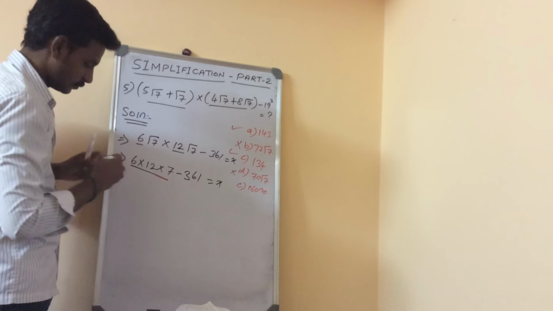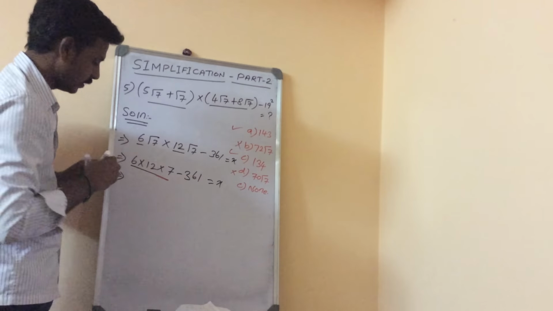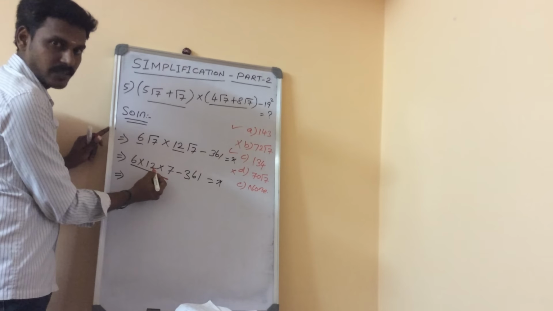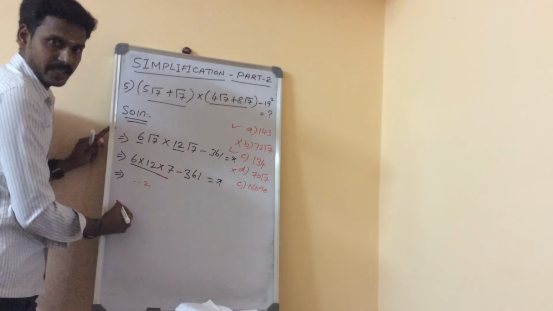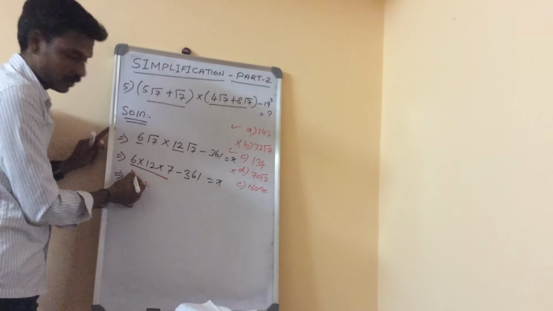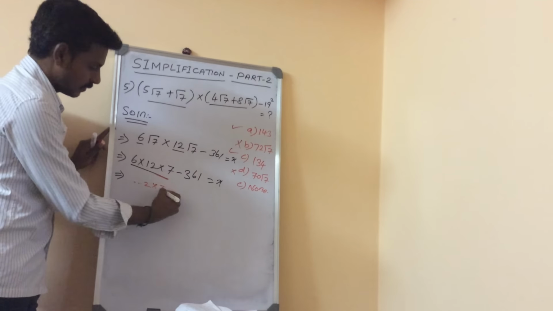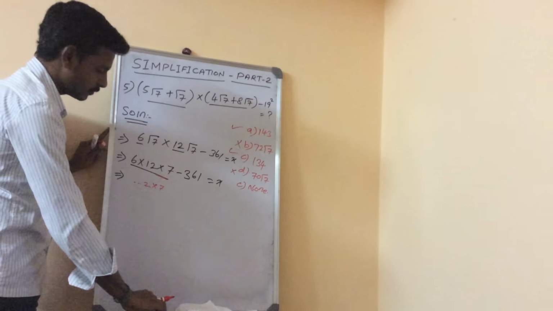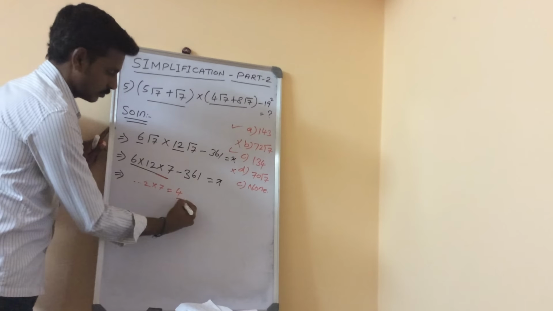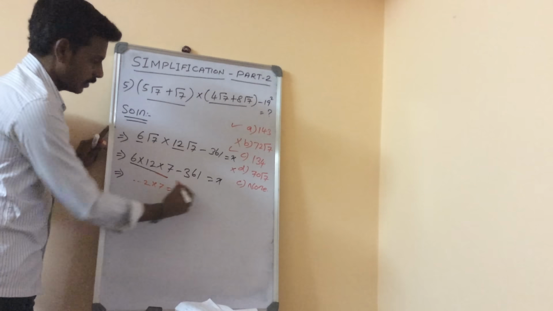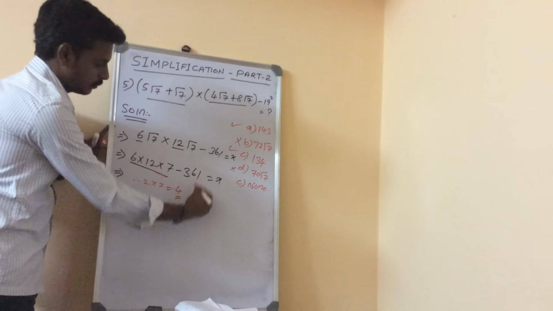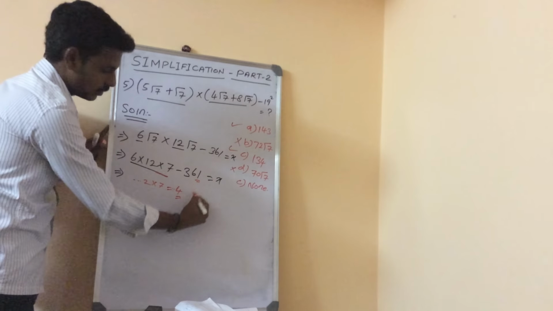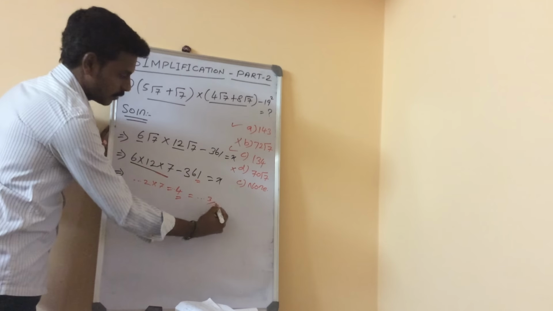Here I already told you the shortcut way. 6 into 2, what will be the last digit? It comes with 2, because 2 sixes are 12. Into 7, so 7 into 2, 14. So the last digit is 4. Here 4 minus 1, because the last digit of 361 is 1. So 4 minus 1, the last digit is 3.